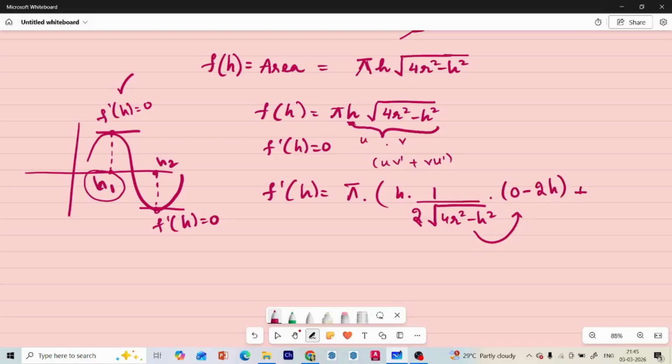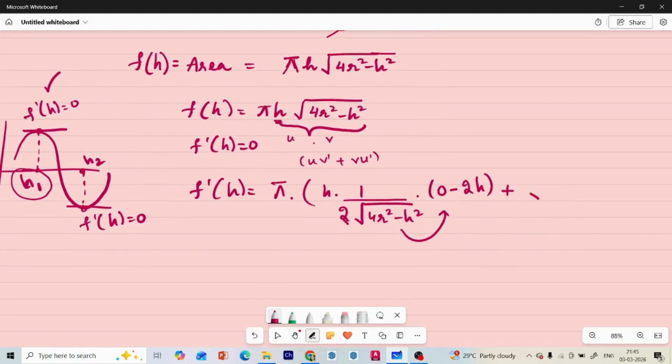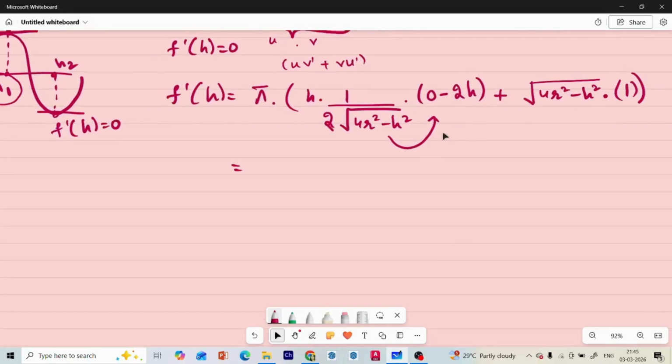Okay, plus VU dash, V is root over 4R square minus H square, into U dash, that is 1, differentiation of H. So this is basically 0 minus 2H, just minus 2H.